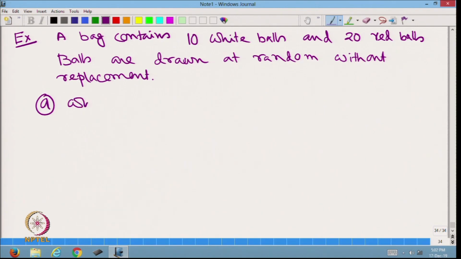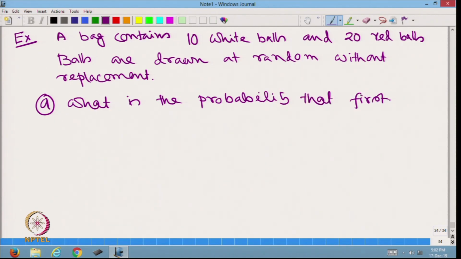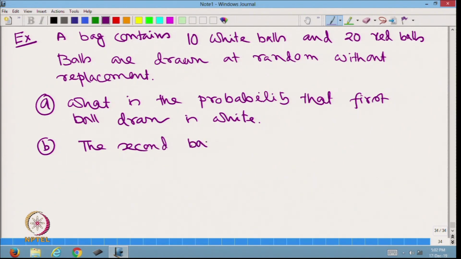A, what is the probability that the first ball drawn is white, B, the second ball drawn is white, and C, the third.